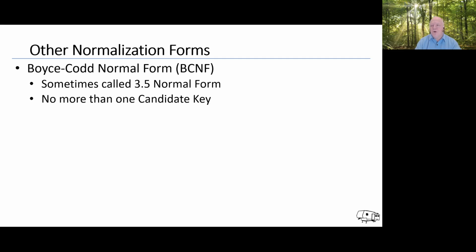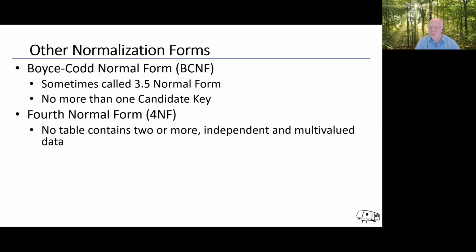Now, there are some additional normalization forms, and I'm just going to run through these briefly because most of the time they're not really used. For example, the Boyce-Codd normal form, sometimes called 3.5 because it came in just shortly thereafter. And again, it just iterates that we don't want to have any more than one candidate key. Fourth normal form, again, further redefined to say that no table contains two or more independent and multi-valued data, which we kind of covered in the second normal form.